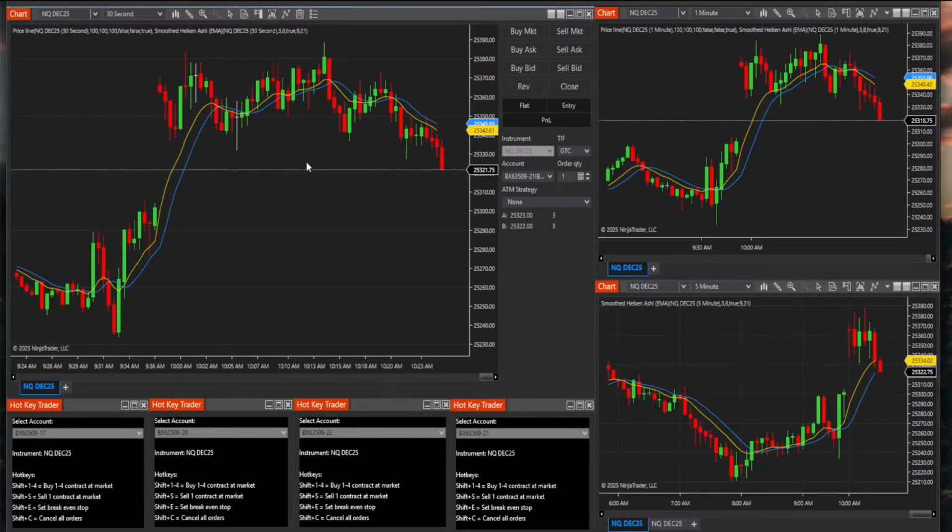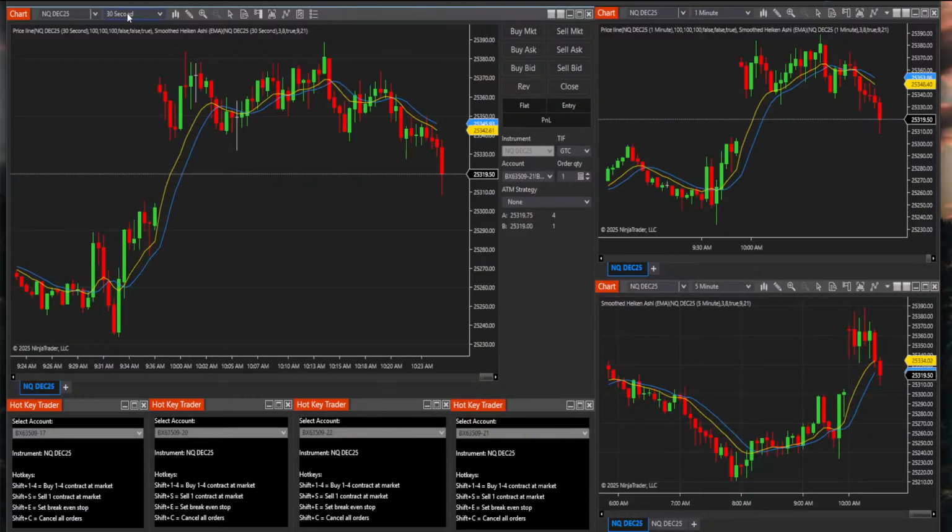This is a 30-second chart, and you don't have to trade off the Heiken-Ashi. Of course, those yellow triggers with the arrows are not going to show up. But what you can do is trade this and say, okay, I want to take scalps when the yellow line is above the blue, the open smooth. This doesn't go off 15-second anymore.